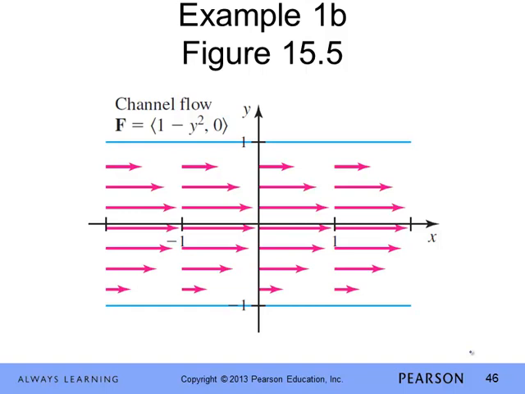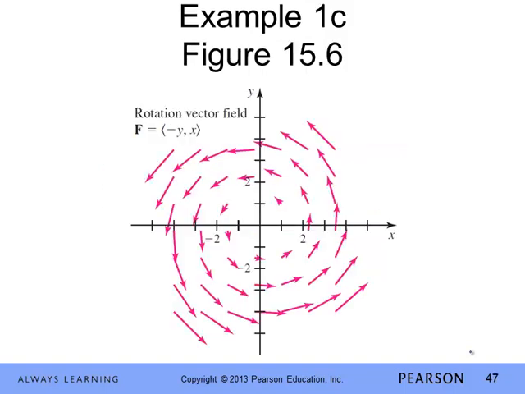So there's the general form, channel flow for horizontal: 0 comma 1 minus y squared. If you want vertical channel flow, in 2 dimensions at least.